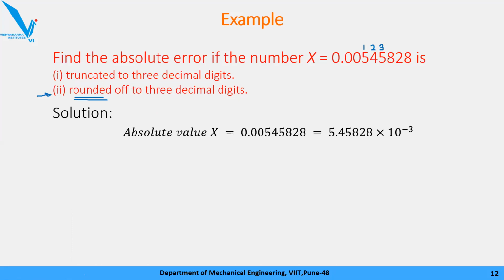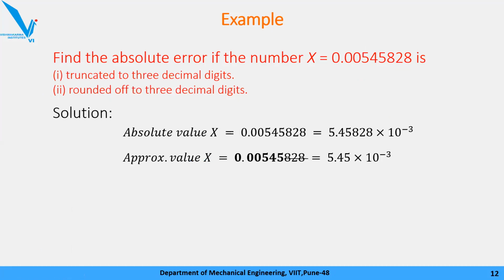Now what I have to do is delete this part, but we cannot delete it as it is, we are not chopping off, we need to go for rounding off. So the 8 will affect this number 5, so what we will get here is 0.0054, and due to rounding off this becomes 6. I hope this is clear. Round off. See on the screen now. The approximate value of x, if we go for truncation, chopping off, this is our number.